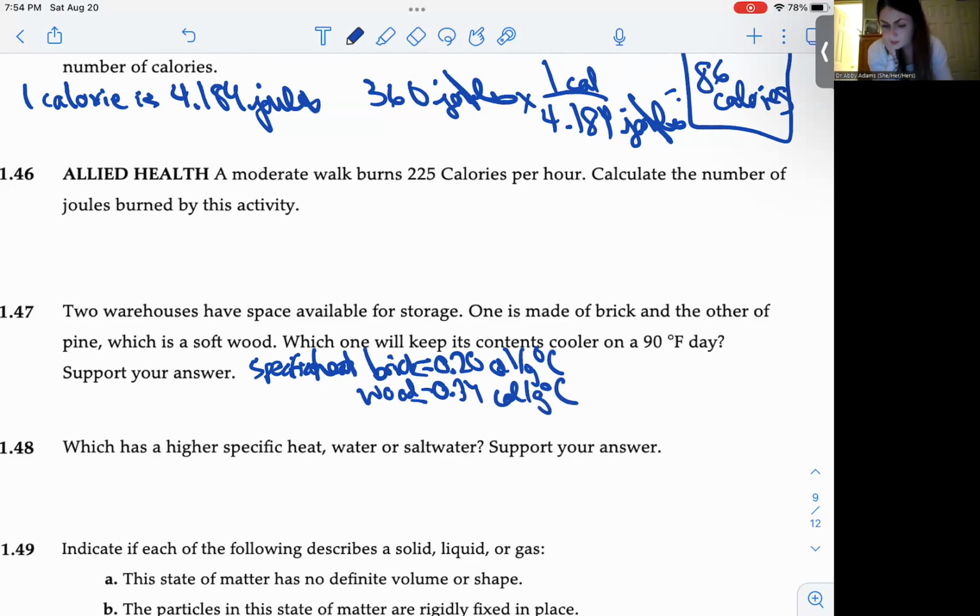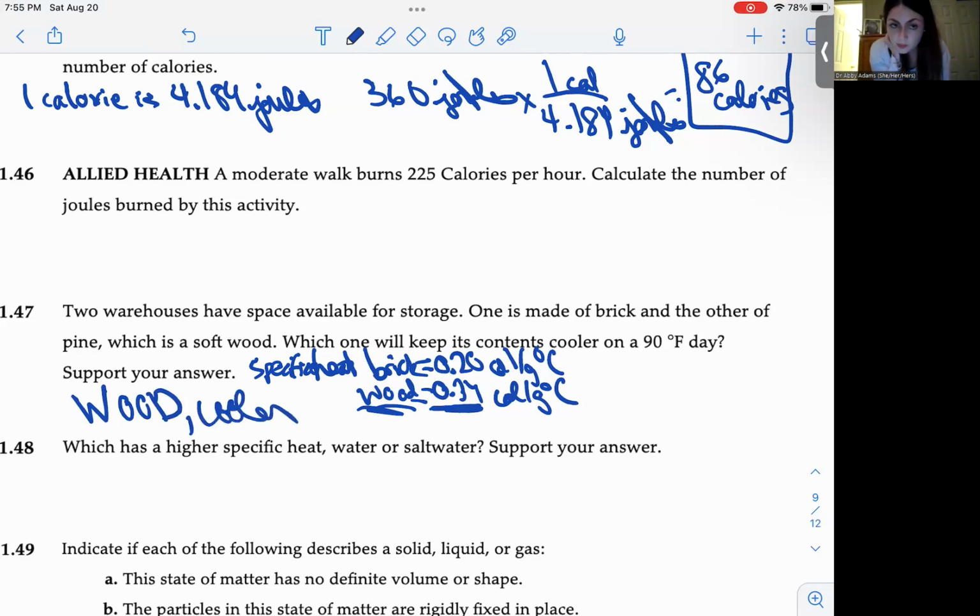So you see that you have a higher specific heat for wood. So basically, it's going to take more energy to change its temperature, and you're going to keep your contents cooler in the storage warehouse that is made of wood. So the wood is going to keep cooler.